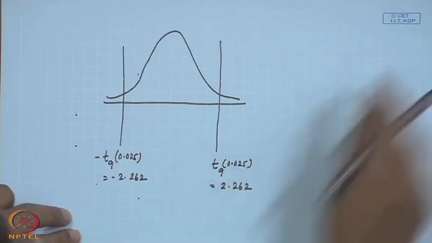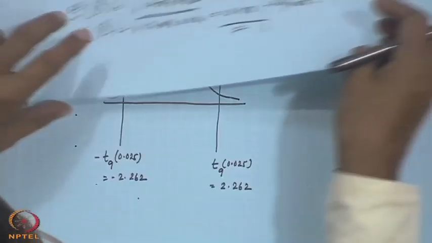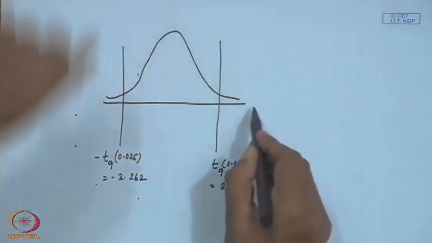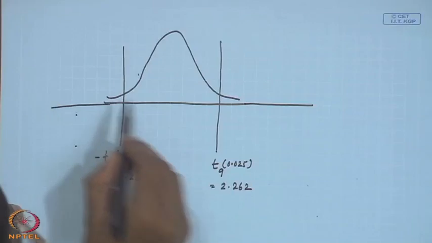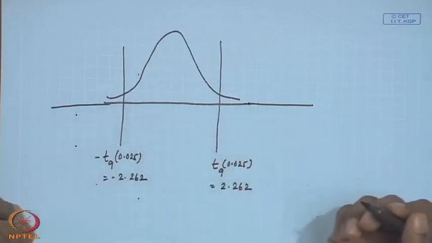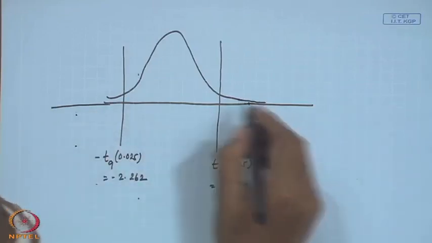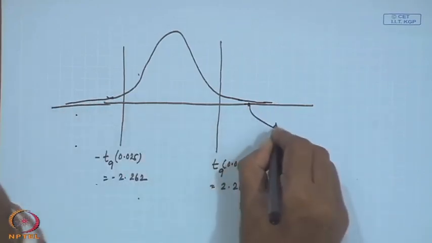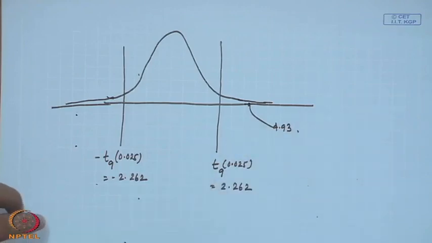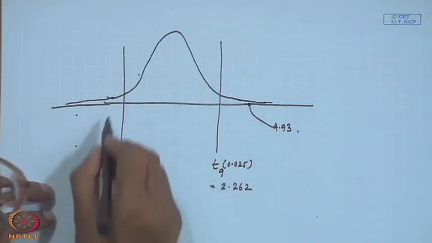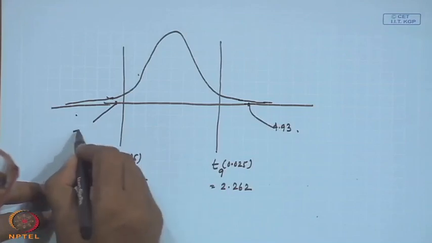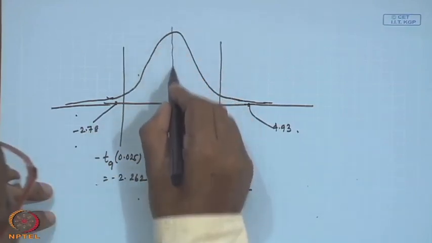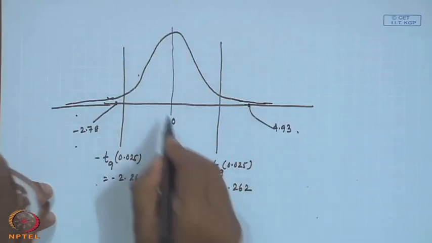So, what is your beta 0 value? 4.93. So, 4.93 means somewhere here. The second one is minus 2.78, somewhere here. The third one is minus 0.65, this is my 0.